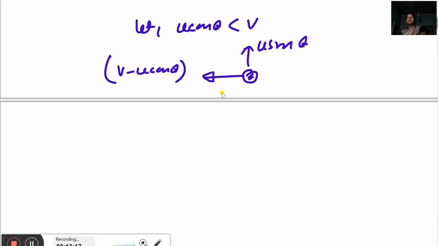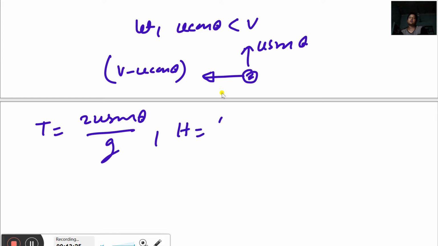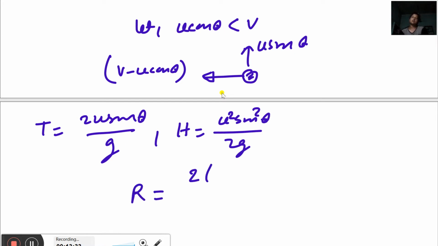Therefore time of flight is 2u sin theta over g. Greatest height is u square sin square theta over 2g. And what is the range? Range formula is 2 into v minus u cos theta into u sin theta over g.